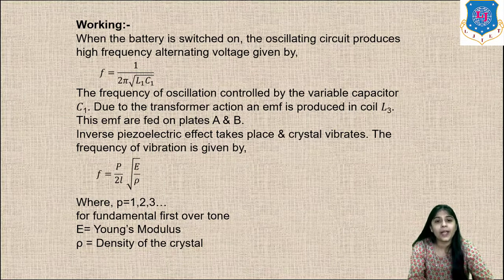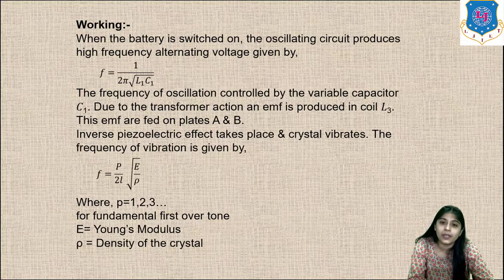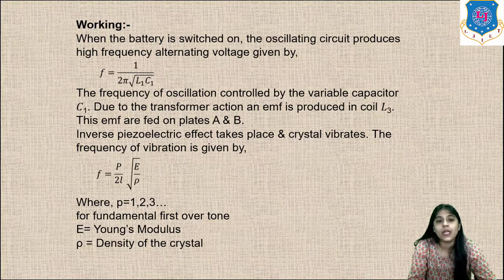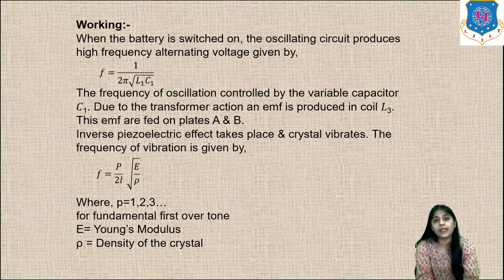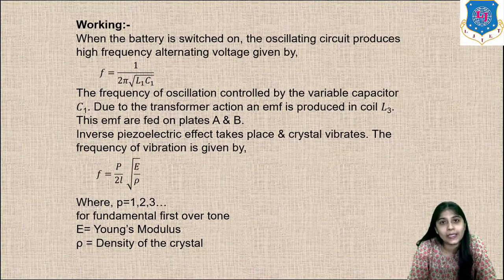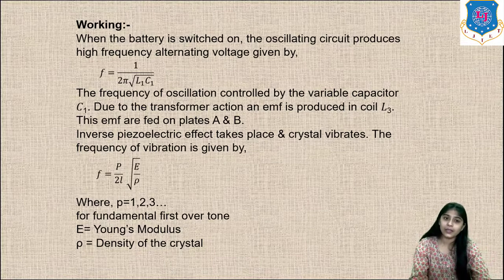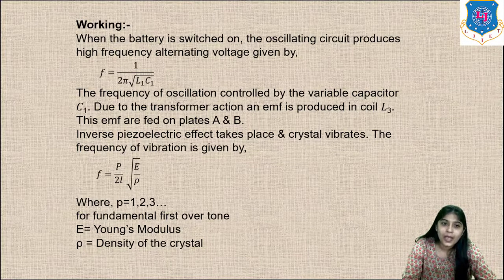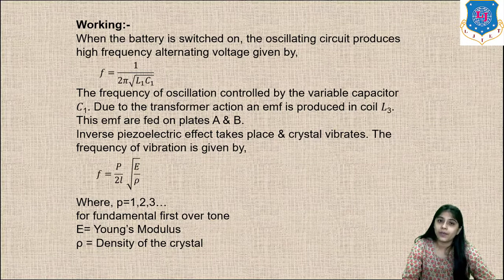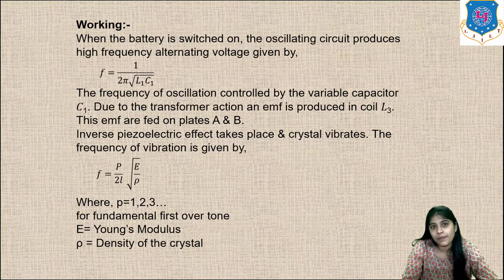Due to transformer action, an EMF is produced in coil L3, and it is fed to plates A and B. As a result, metal plate A is positively charged and B is negatively charged. Now when this EMF is applied on one of the faces of the quartz crystal, the inverse piezoelectric effect takes place and the crystal starts vibrating.